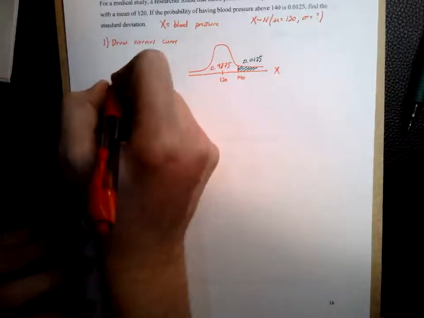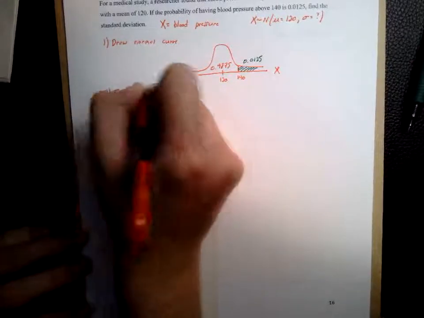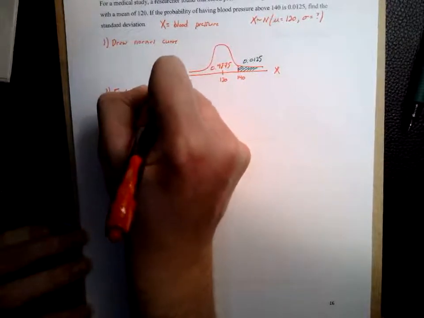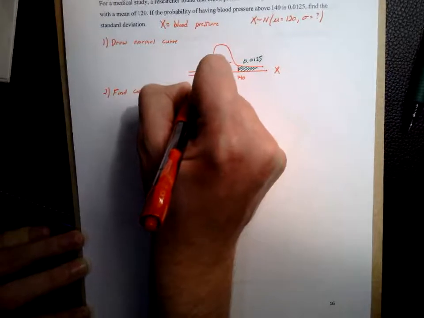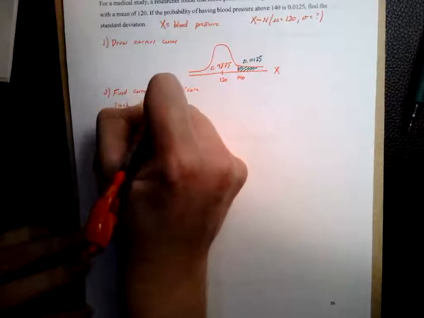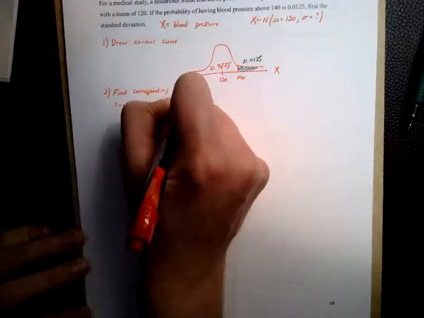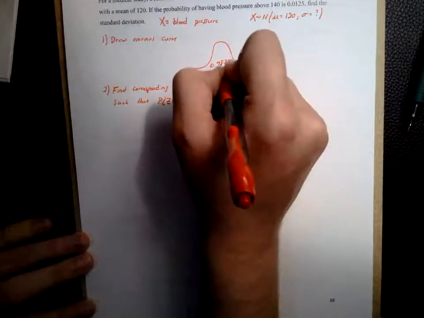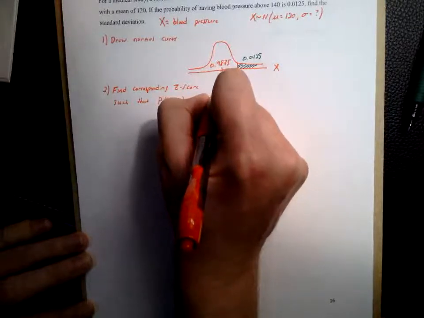Now, the second step. Find the corresponding z-score with area to the left of this. So find the corresponding z-score such that the probability of z being less than this unknown z-score z0 is equal to the area to the left of this, which is 0.9875.